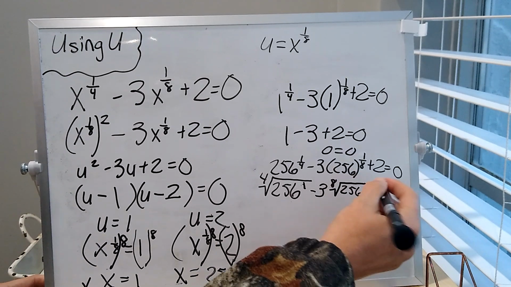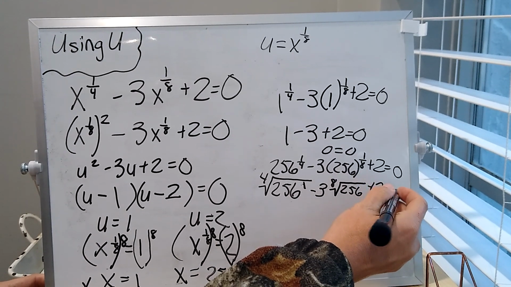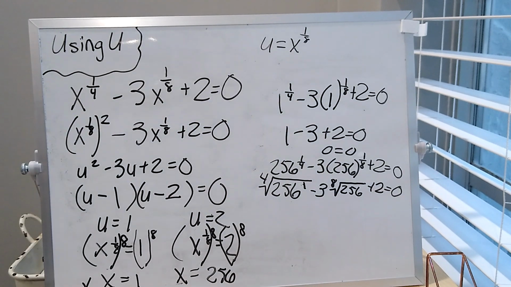So we have the 4th root of 256 minus 3 times the 8th root of 256, plus 2 equals 0. Not that bad, we just figured that out. What's the 4th root of 256? I'm assuming it's 4, but let me not assume. Let me check my calculator.